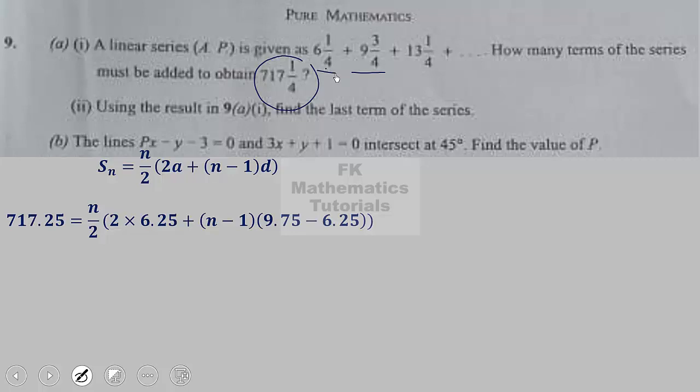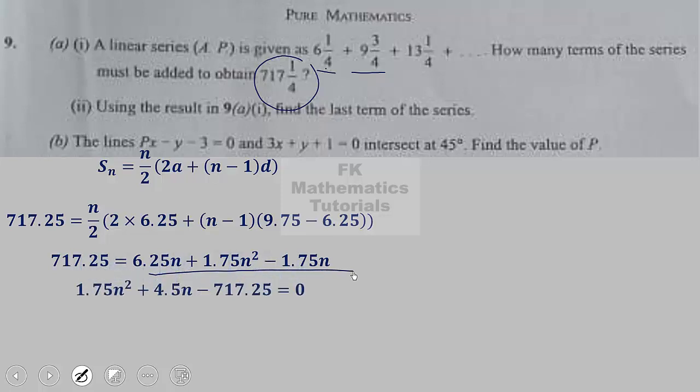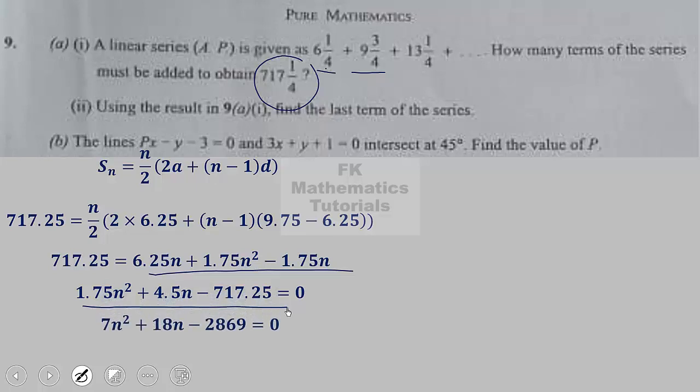So we need to expand this to obtain this over here. We rewrite this in a standard quadratic equation form to obtain this equation here. We can simplify further to obtain 7n squared plus 18n minus 2869 equals 0.